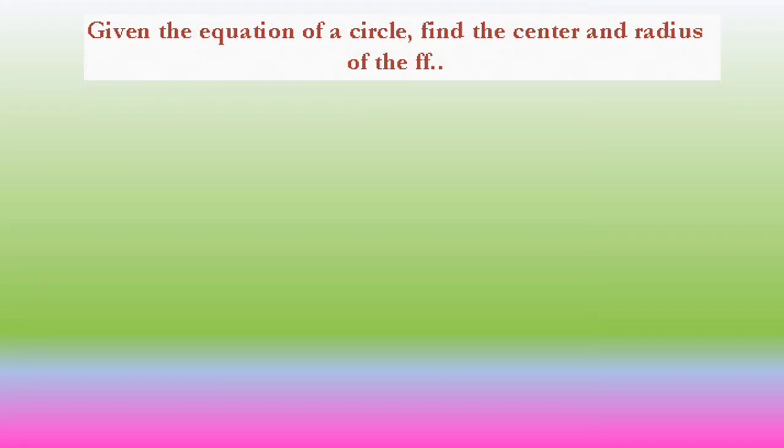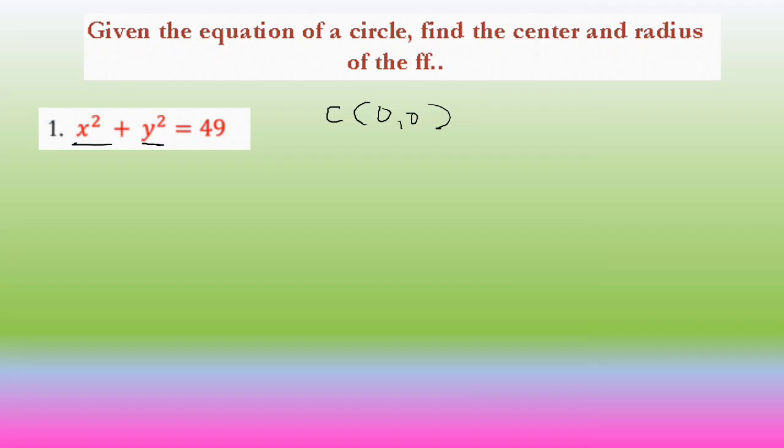For this particular problem, we're going to find the center and the radius given this equation of the circle. For our first one, we have x squared plus y squared is equal to 49. As we all know, we are at the point of origin, which is center at 0, 0. And getting the radius, we have square root of 49, that is equal to 7.